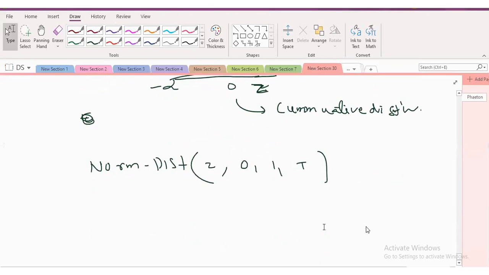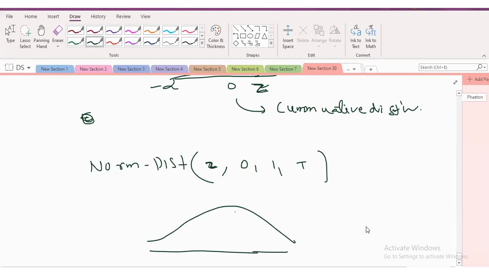This is equivalent to, let's say this is the 2. This is equivalent to finding out the area. Always, this is the 2. It is going to give this entire area. All with me?